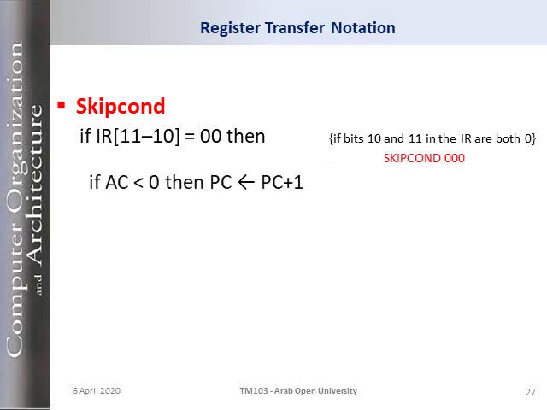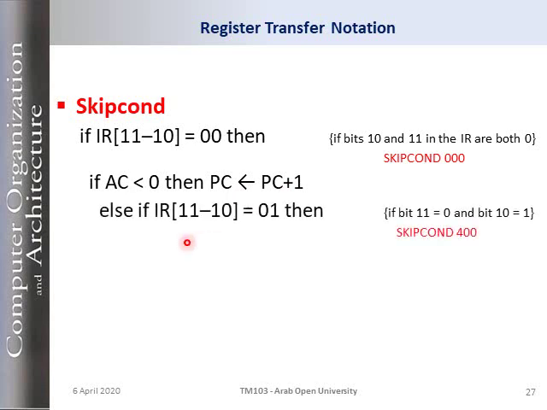This is the condition we're checking: if the accumulator content is less than 0. If this is true, we will add 1 to the program counter and store it in the program counter, which means we will skip the next instruction. So instead of going to the next instruction 12, it will be 30 instead, for example.